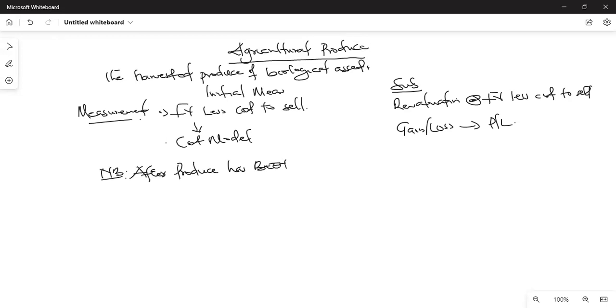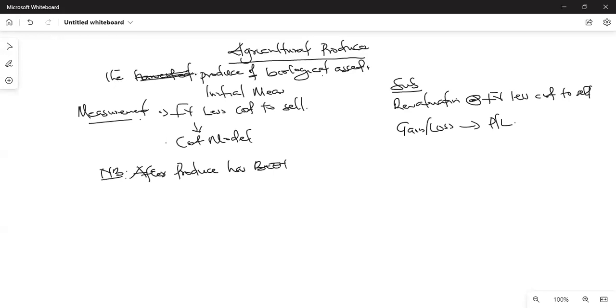Let me clarify here by taking this harvest off because it can make it ambiguous.